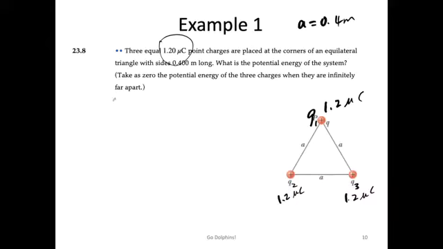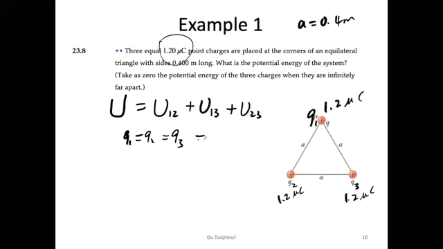Let's call this one Q1, this one Q2, Q3. From what we just discussed, the total electric potential energy should equal U12 plus U13 plus U23. Three charges, we have three pairs, right? Now Q1 equals Q2 equals Q3, and the distances between Q1 and Q2, Q1 and Q3, Q2 and Q3, R12, R13, R23, are all equal.